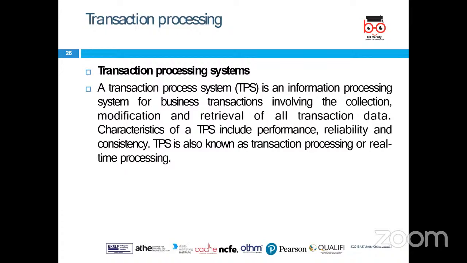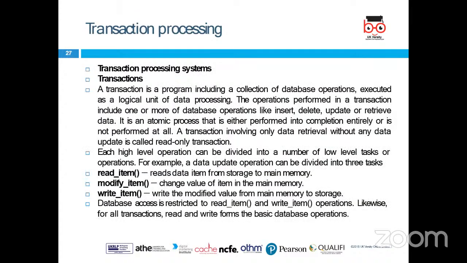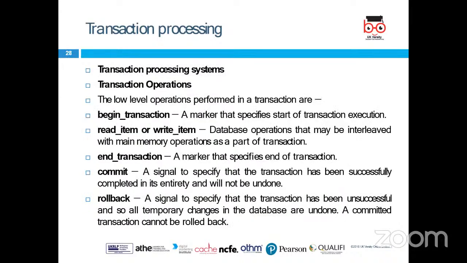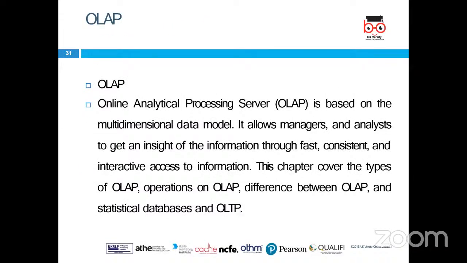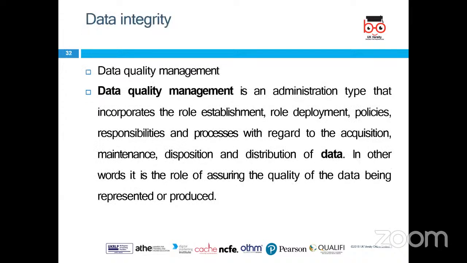So big data has a big relevant part in online transactions, and also in transaction operations and states. Then there are online analytical processing servers, based on the multi-dimensional data model, which allows managers and analysts to get insight into information through fast, consistent, and interactive access to information.